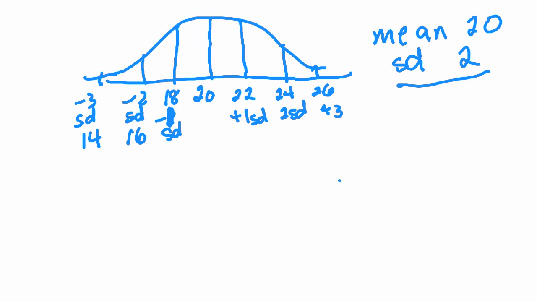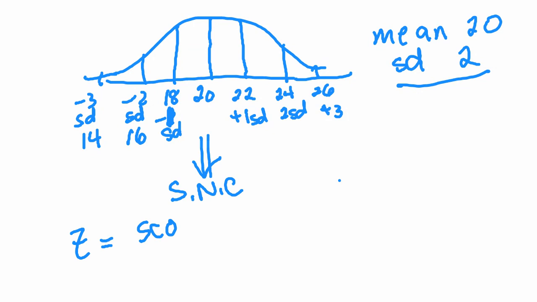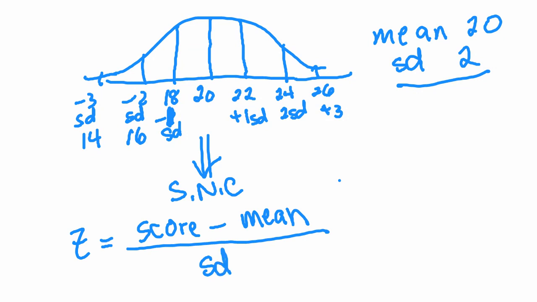So we want to take this to a standard normal curve, and we do that with the z-score. The z-score equals your score minus the mean, divided by the standard deviation.